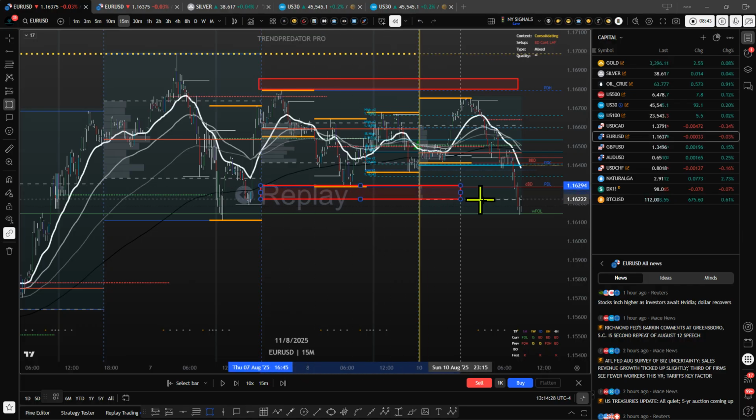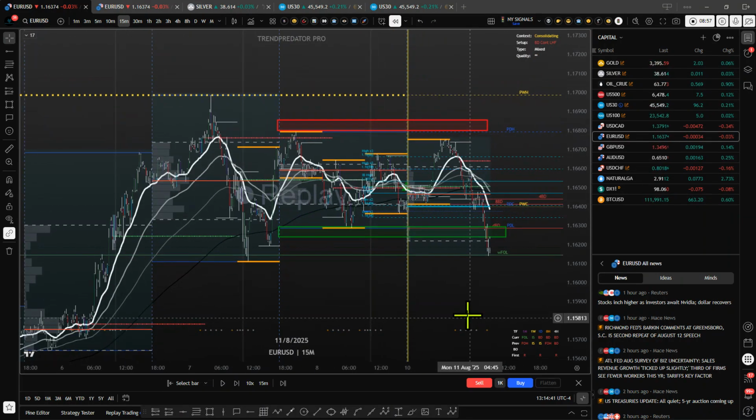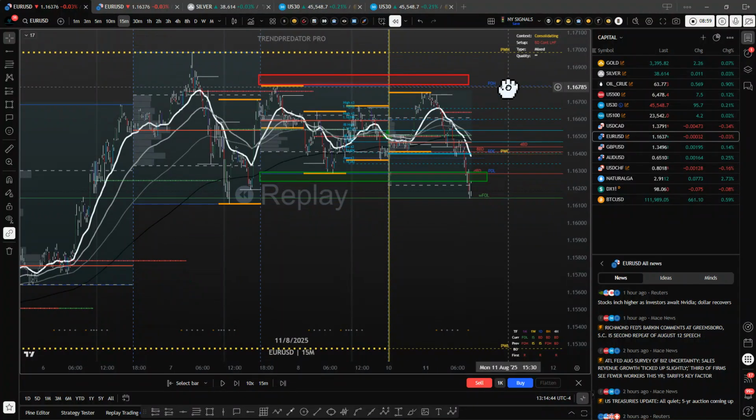It's an inside day, so we anticipate order flow on the back of coming into this area, either bullish or bearish. It would be unlikely, not to say that it won't, that the price comes into this area and just goes sideways for the rest of the day and does nothing.